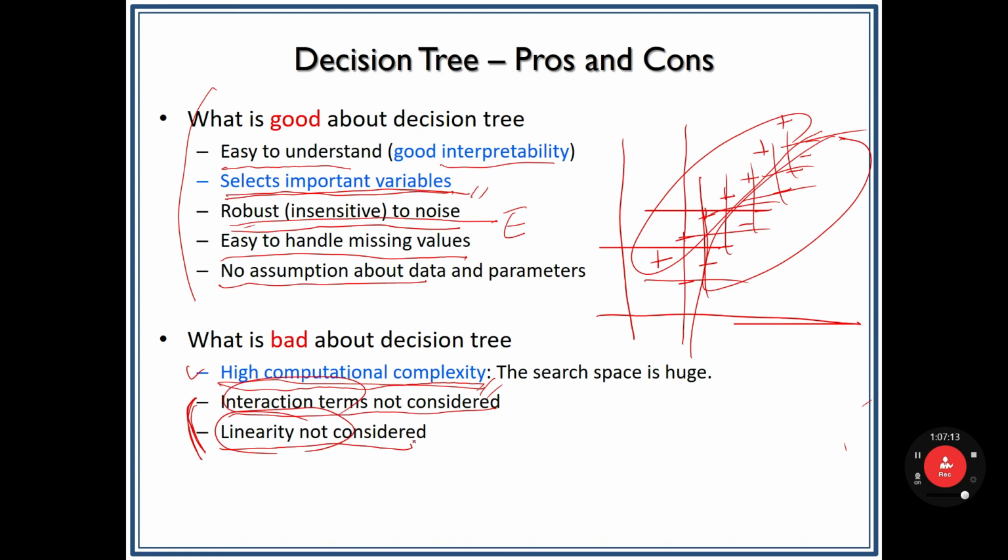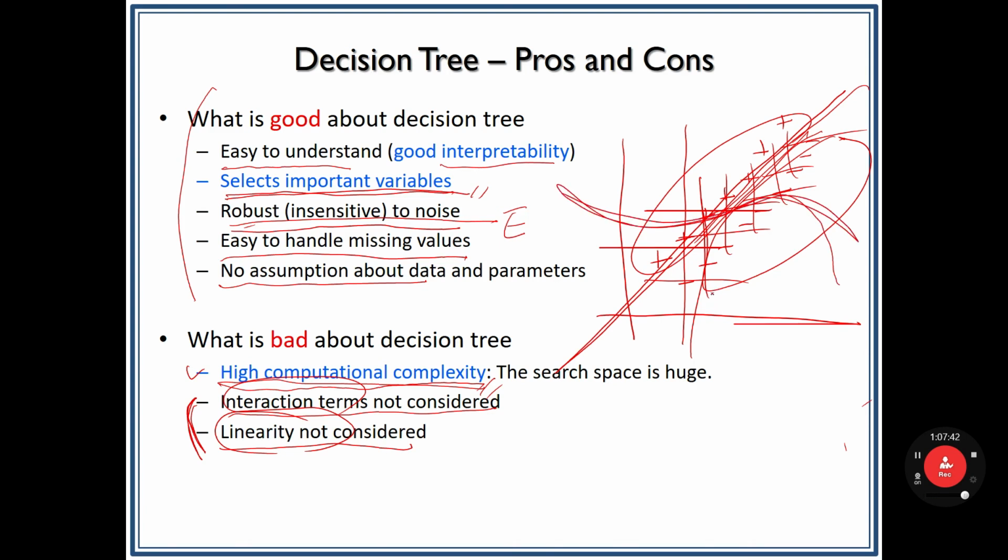Even interaction is a kind of curvature, but you cannot think of that because the split is made orthogonally based on each of the axes. Okay, but for the logistic regression, this is quite a simple, easy problem because the decision boundary will be formed here, which means that the S-shaped curve will be made like this.